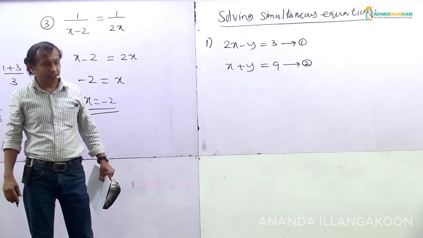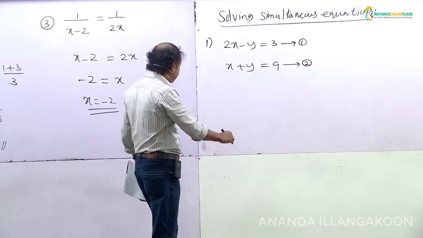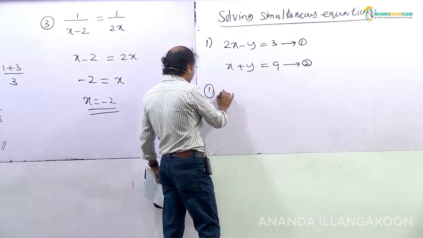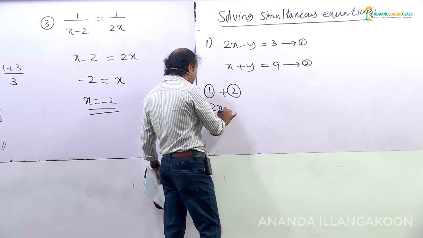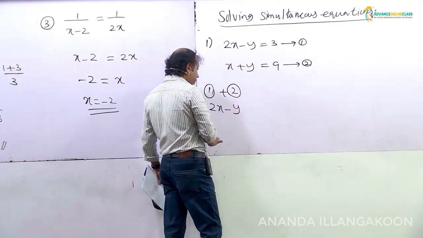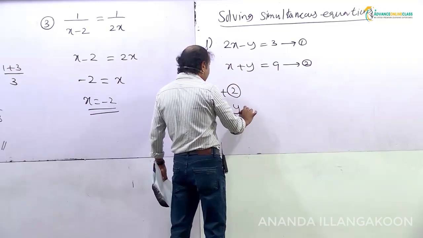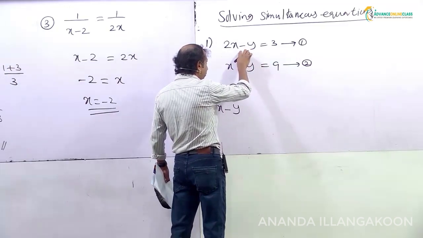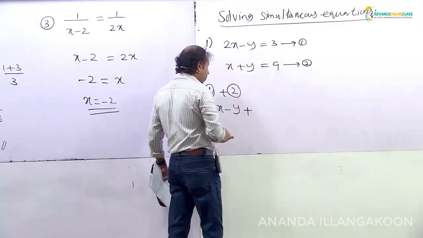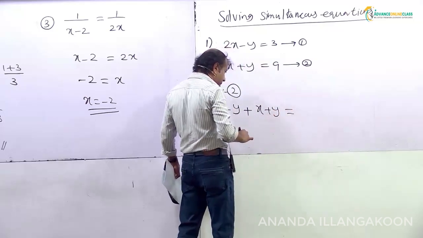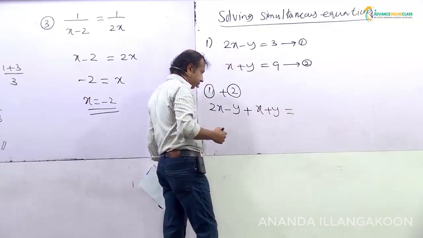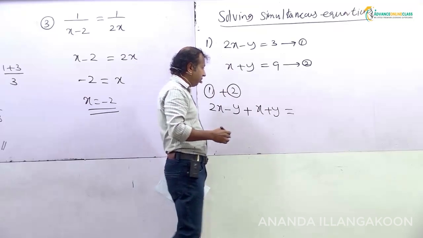We add 1 and 2. How to add two equations? Add left hand sides together. Left hand side of 1 is 2x minus y plus x plus y equals right hand side 3 plus 9.